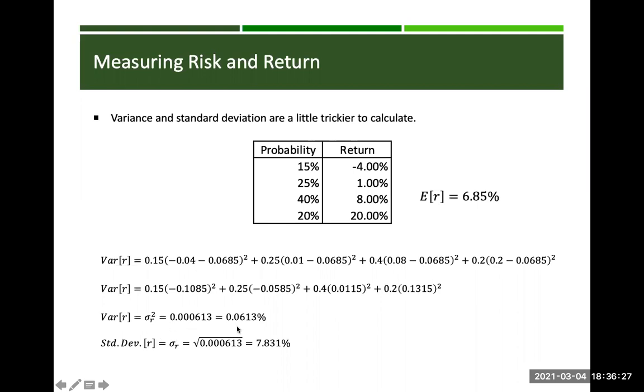You get a variance of 0.0613. Standard deviation is a way to bring that squared deviation into a similar dimension as returns. So the standard deviation is simply the square root of variance. That's 7.831%.